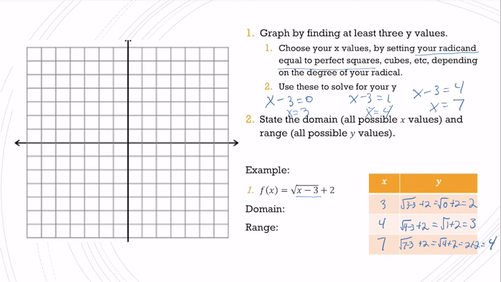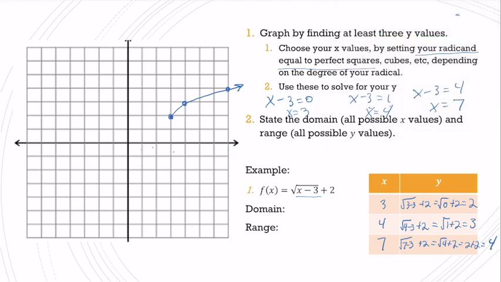Let's go ahead and plot these points. I have when x is 3, y is 2. I have when x is 4, y is 3. And I have when x is 7, over here, y is 4. Here's our radical.